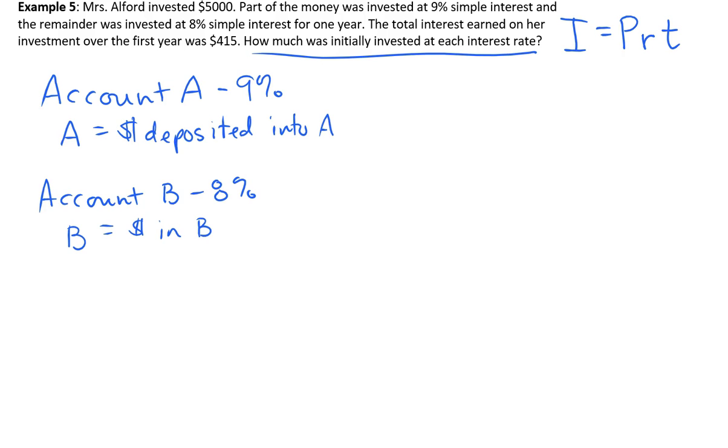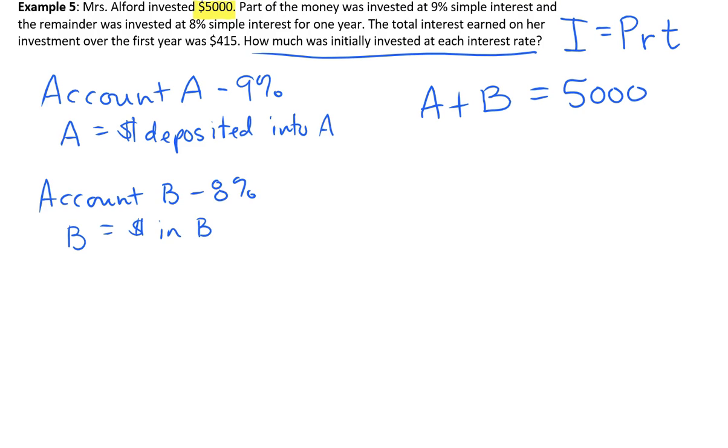Okay. Now, let's see what we know going into the problem. So first of all, we know that she invested $5,000. So how can we relate that back to our variables A and B? Well, that means that our initial investment, A plus B, had to total $5,000.